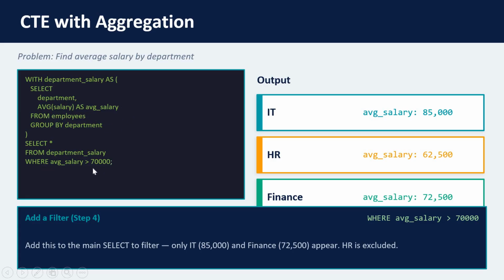So it is saying, okay, average salary should be greater than 70,000. That way it will give me only two records, 85K and 72,500, right? So that could be the result for this particular complete query. Without the where clause, it will give me three items. With the where clause, it will give me only two items, which could be IT and finance, right? So add this to the main select to filter, only 85K and 72,500 will appear. HR will be excluded, right?